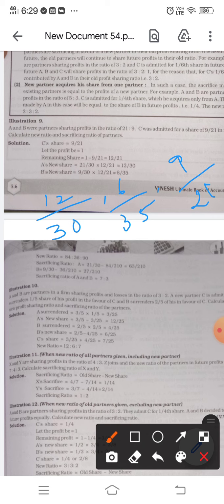So we have to make all these denominators equal. So what is the total? 210. Okay. 210. And we have to use the formula and we have to find the sacrificing ratio of the two partners. Okay. Next.